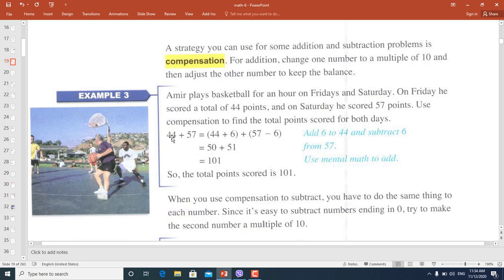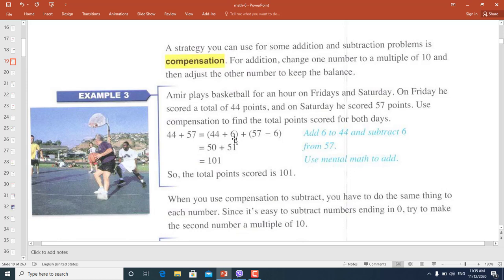We add 6, and when you add 6 on this side, we must subtract the same number from the other side. With the plus sign, we say 44 plus 6, plus 57 minus 6, subtracting the same number.